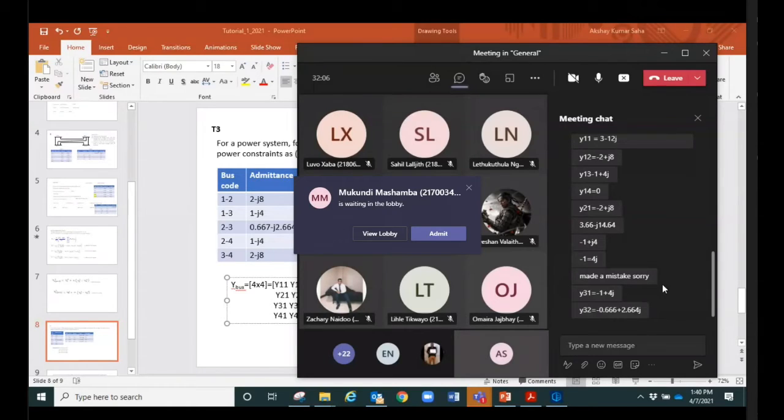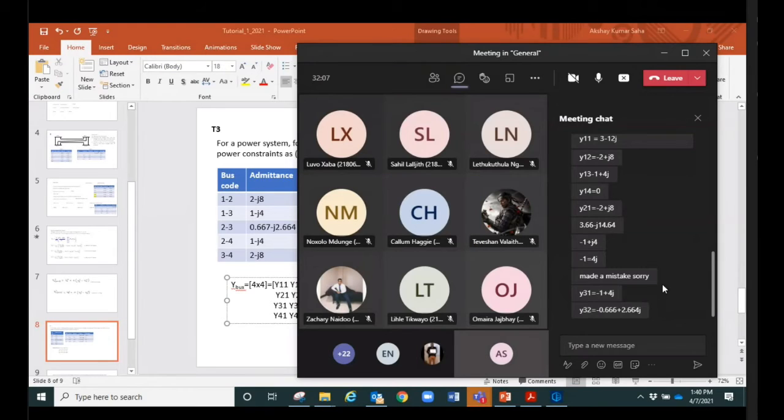What you see on the chat, everyone can also look at the chat and get the values that Umeshan is putting there, and I'm double checking if they're correct or not. And Y33 is correct. Now we can go for Y34, which is given there, 2 minus j8. It will be just the negative of that, so minus 2 plus j8 straight away from the table.